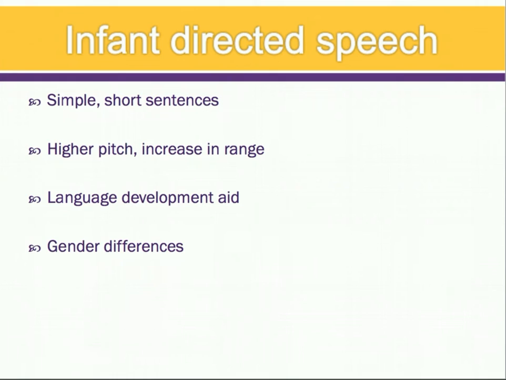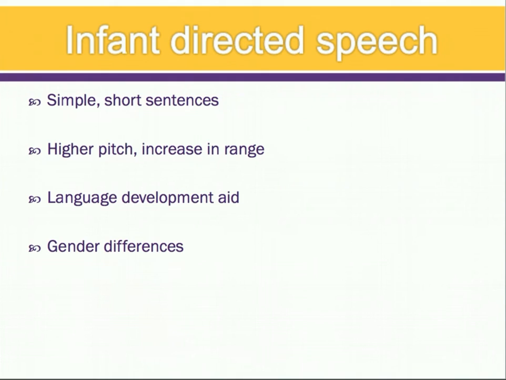So what is it? It's speech made of simple, short sentences that has higher pitches, frequencies with a larger range, and more varied intonation. The repetition is key. They repeat things a lot, and it often has topics at an infant's level, based on things a kid is doing or sees around them.